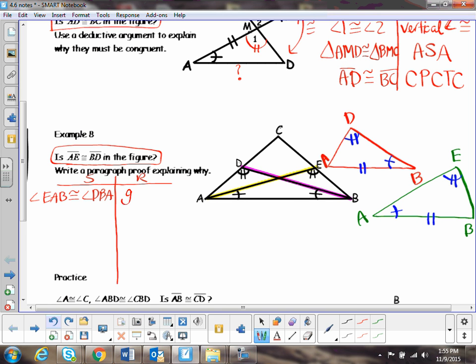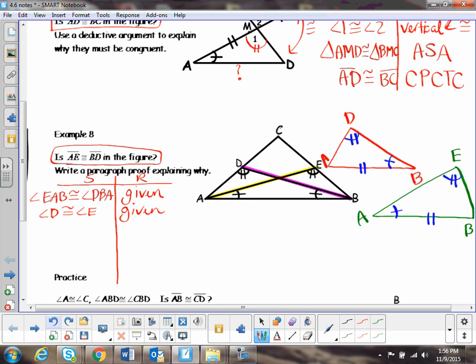What's that reason? Given. There's 2 ways? Yeah, that's why we have to use 3 letters. What's the other angle that is congruent? D and E, right? Angle D is congruent to angle E. That one's given also.